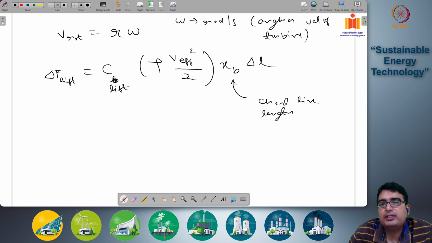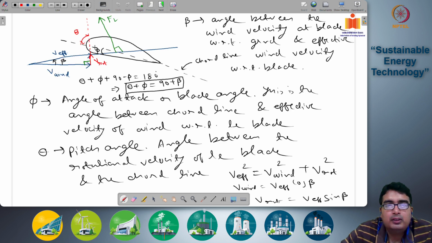Okay, so this is where your effective velocity comes into the picture, and C_lift, remember, is a function of phi, this angle of attack or blade angle. All right.